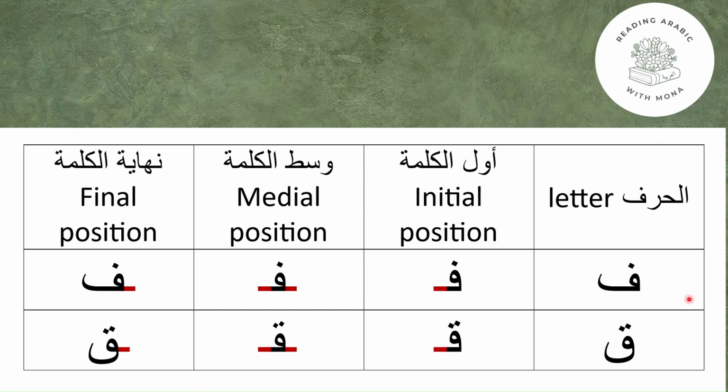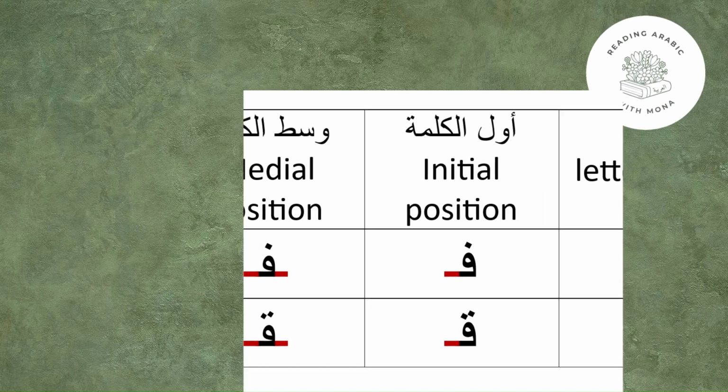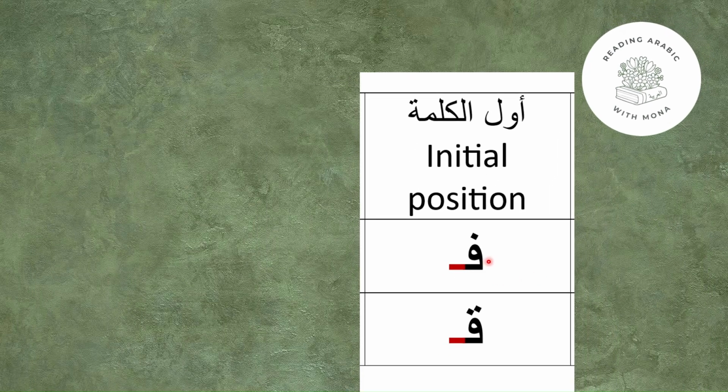Okay, now let's look at both letters, fa and qaf. Here are the isolated forms, and here we have the initial position. I want you to look carefully at the two loops here, and then move to the initial position. Something changed. Now here in the fa and qaf, they both took the same loop shape.